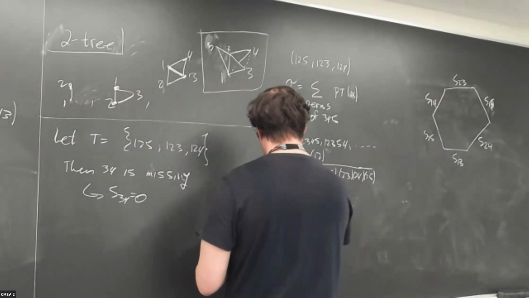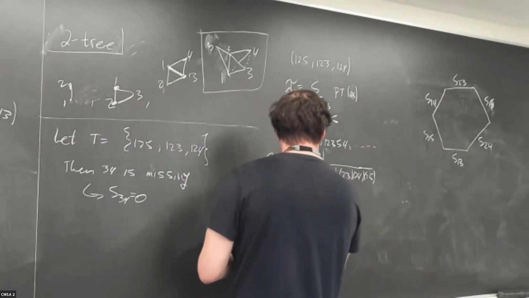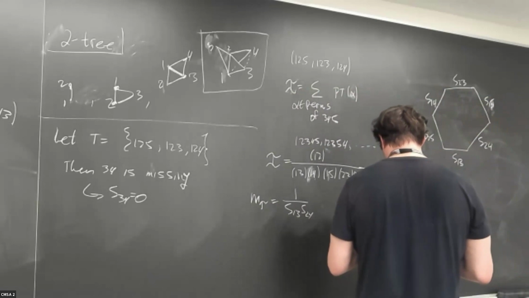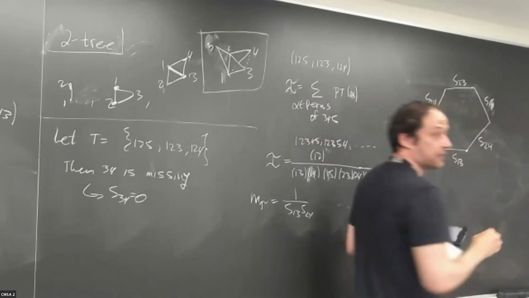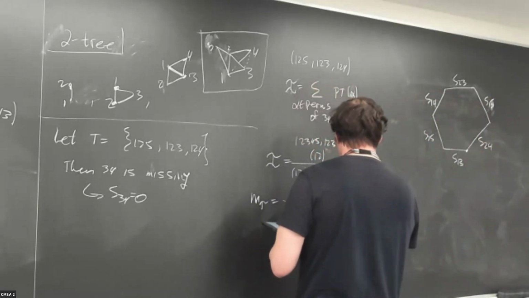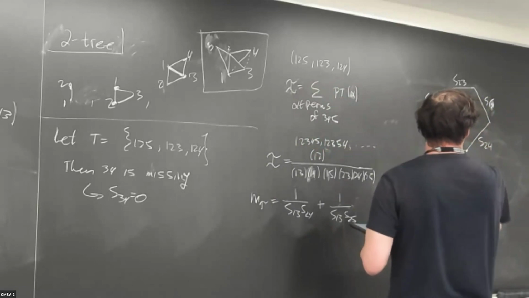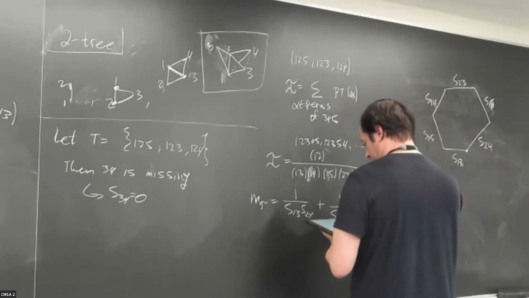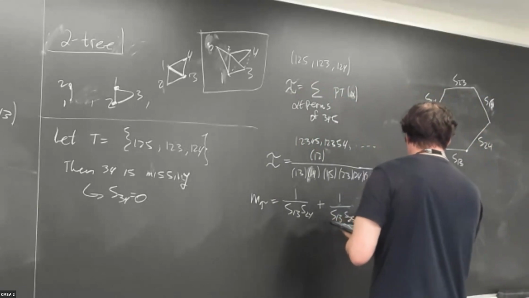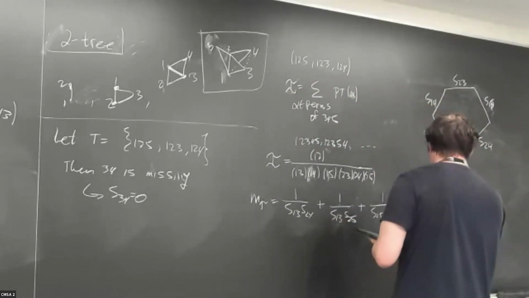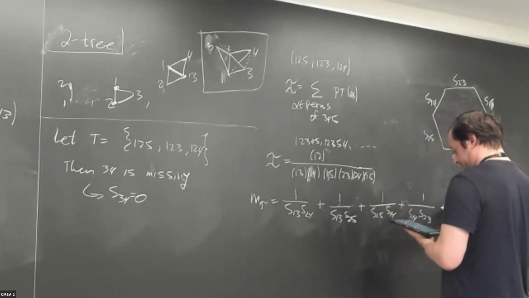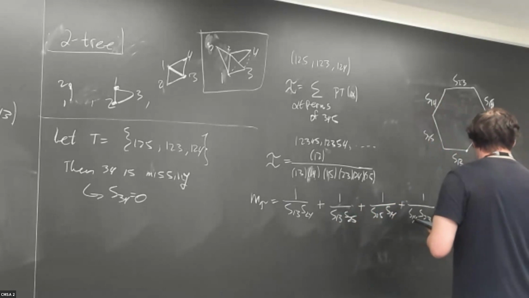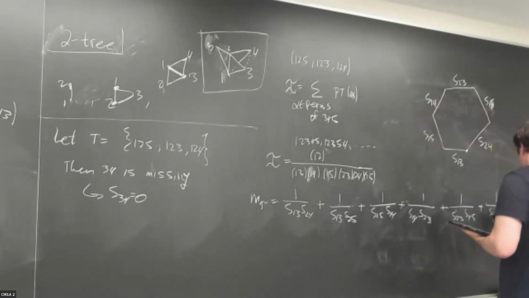The amplitude is 1 divided by S13 S24, so we get that vertex, plus 1 divided by S13 S25, walking around, plus 1 divided by S25 S14, plus 1 divided by S14 S23, plus 1 divided by S23 S45, plus 1 divided by S15 S24.